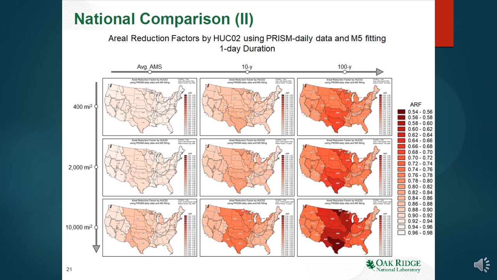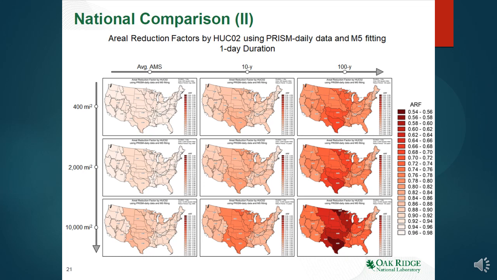Looking at the same data in a slightly different way, here we have a map of the United States, and you can kind of see some of the regional differences. The rows represent 400 square mile, 2,000 square mile, and 10,000 square mile watershed sizes. The columns represent different frequencies, from the annual maximum series to the 10-year to the 100-year.